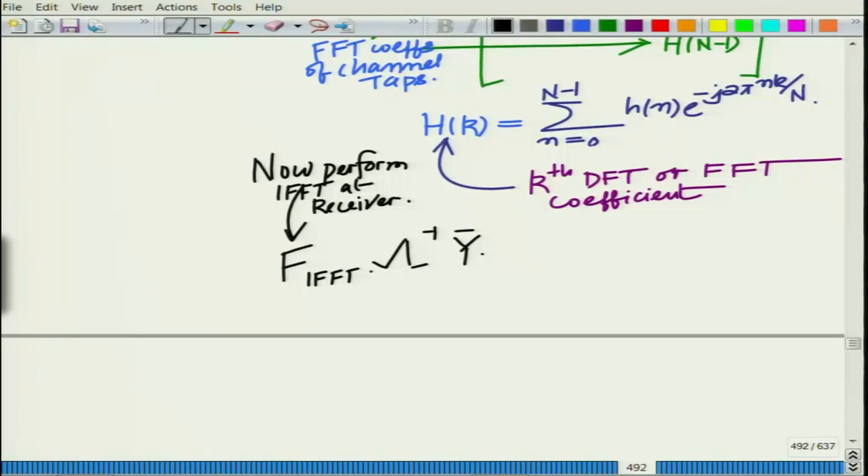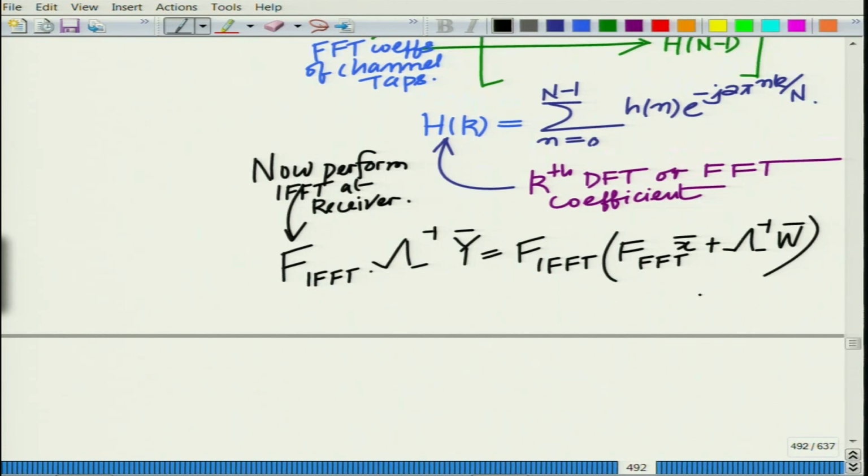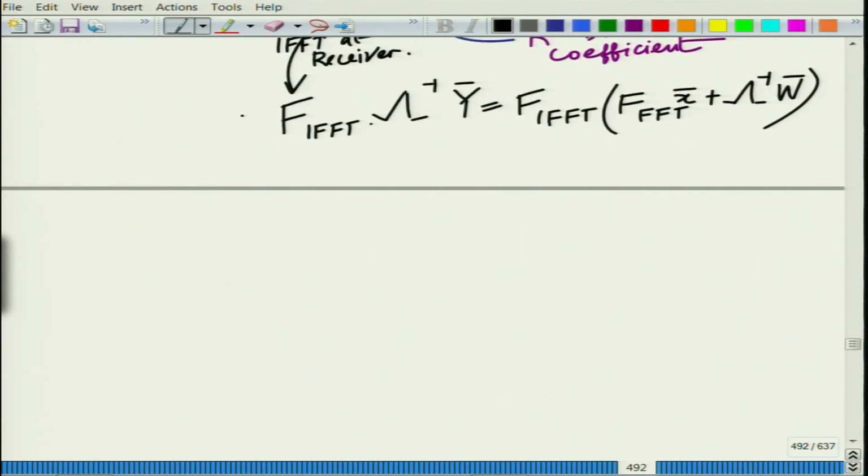Alright. So, this will be F IFFT lambda inverse y bar, which is F IFFT times (F FFT x bar plus lambda inverse capital W bar), which I call y tilde.